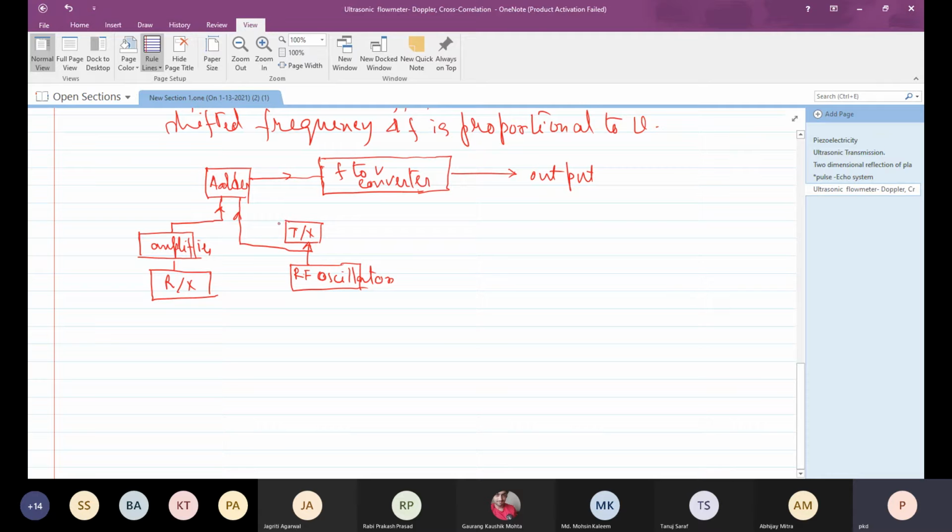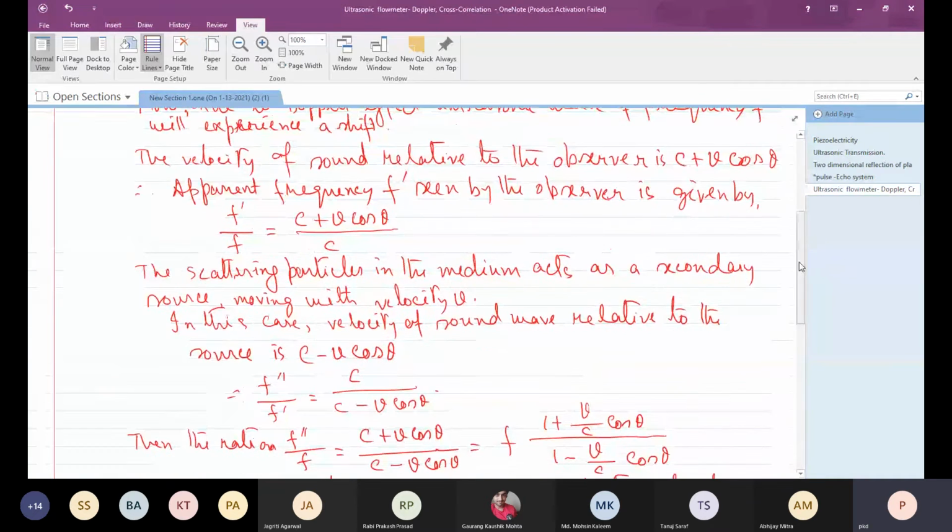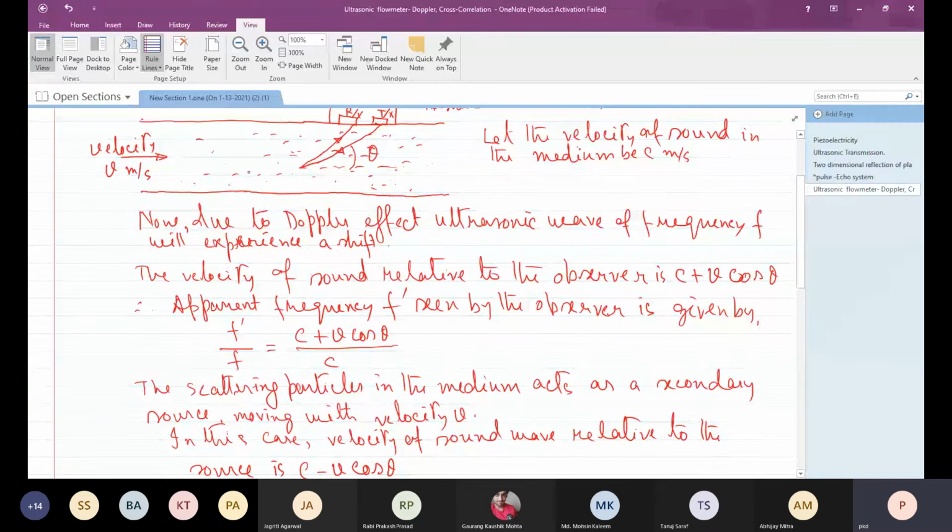Usually the problem is that this measurement will be of a transient nature. Because in a real scenario, if we had done the experiment in our lab with some particle tracing agents put in the water, then these are the particles.